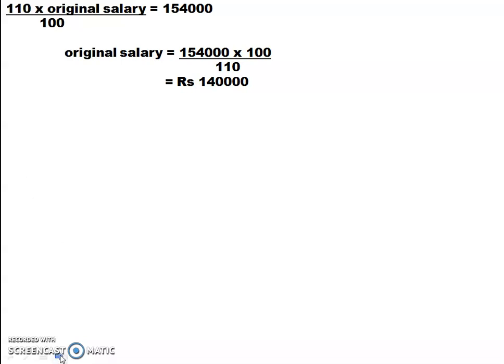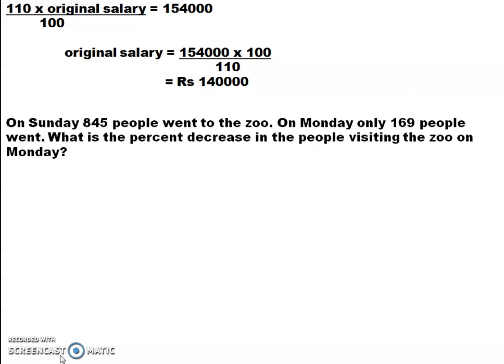It's about the first formula which you saw in the first slide. On Sunday, 845 people went to the zoo. On Monday, only 169 people went. What is the percent decrease in the people visiting the zoo on Monday?